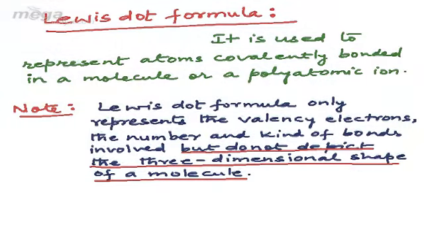This formula is based on the fact that the representative elements achieve a noble gas configuration, with certain exceptions where atoms do not attain an 8 electron configuration, as we find in the case of hydrogen, which only attains helium configuration. So again we have another note.